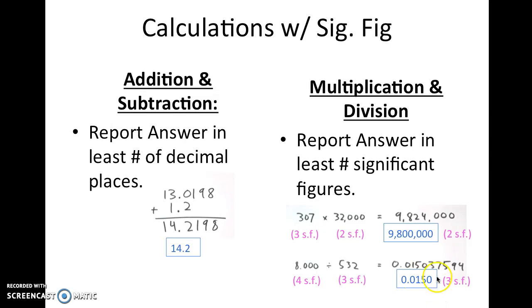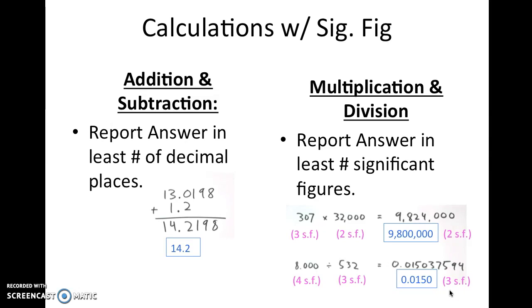So when we go to report our answer, we are reporting it in 3 significant figures. That means I want to cut it off here, because remember, we don't include these first zeros. So I want to cut it off here. And again, this last zero is significant because it's after the decimal place, and we've already counted some non-zero digits.